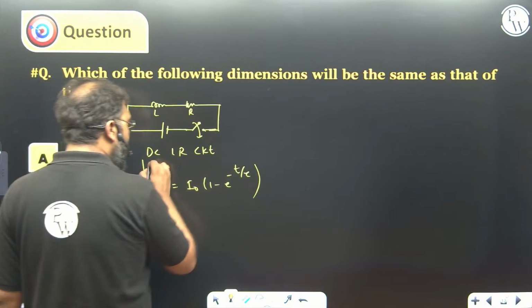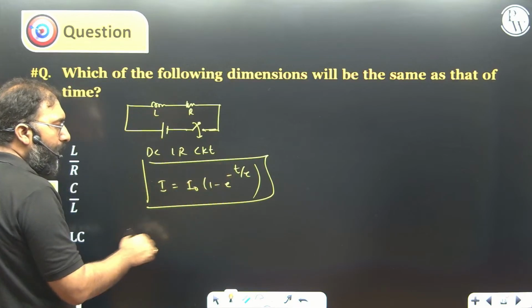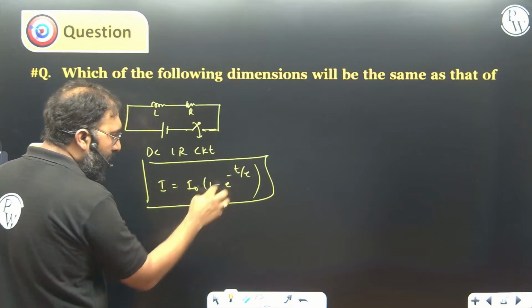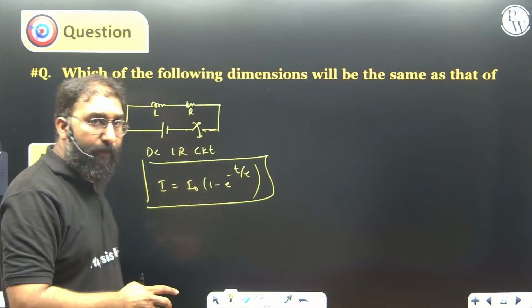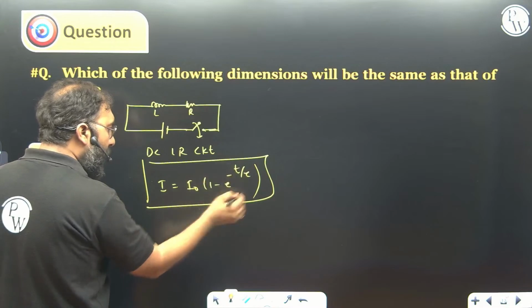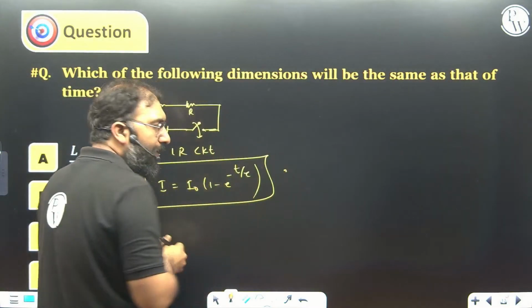So I just checked this equation by putting t equals 0 here. Then this quantity becomes e raised to 0, and anything raised to 0 becomes 1. So this is 1 minus 1, 0. So I becomes 0 at t equals 0, and that should be the case.